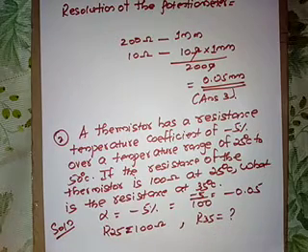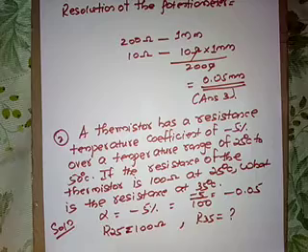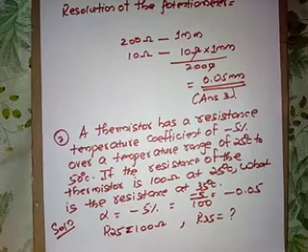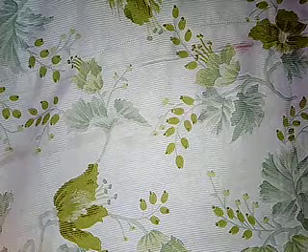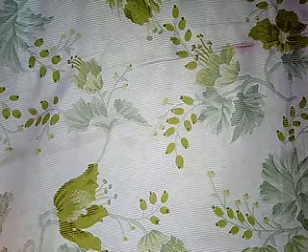Resistance at 35 degrees Celsius is equal to... The formula for the thermistor is RT equals R0 into 1 plus alpha T. We have used this formula several times.